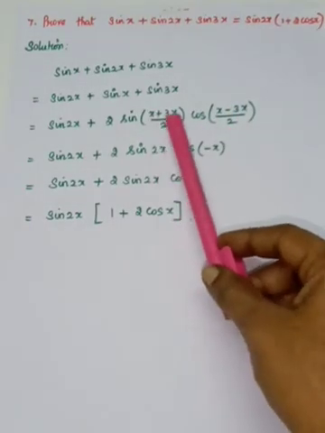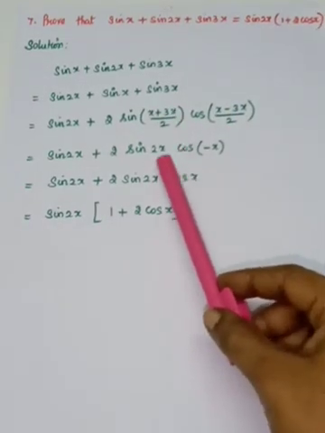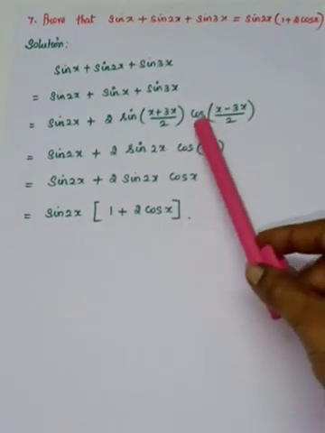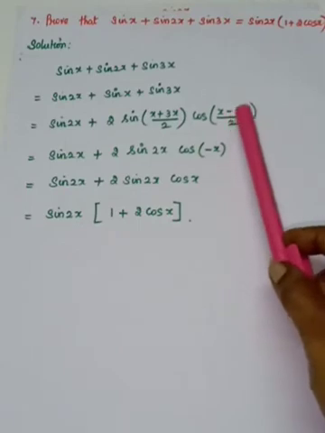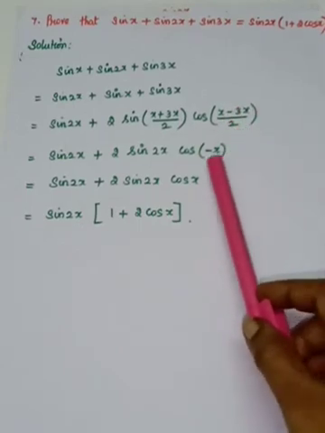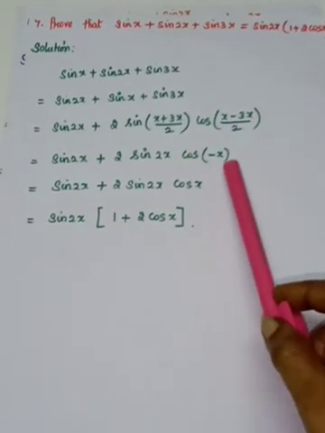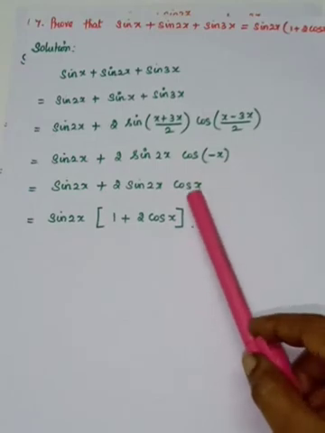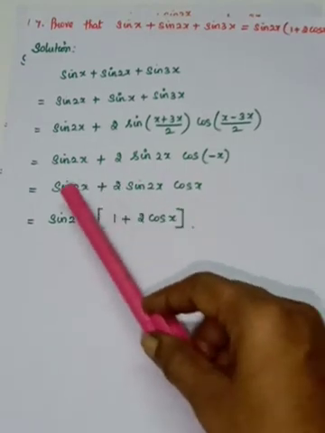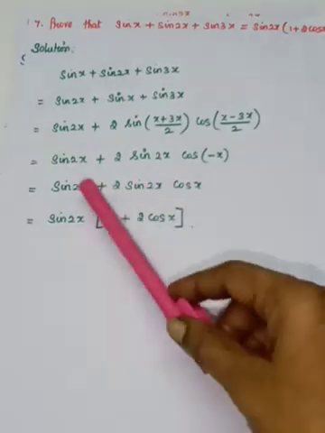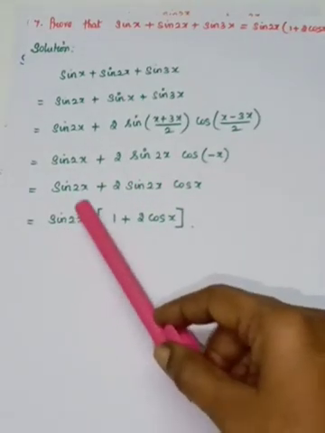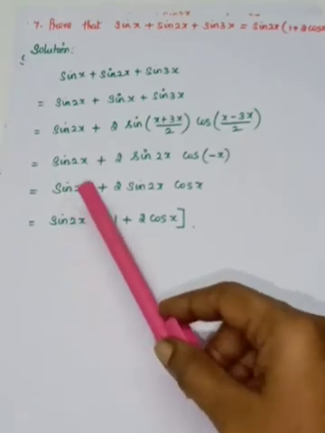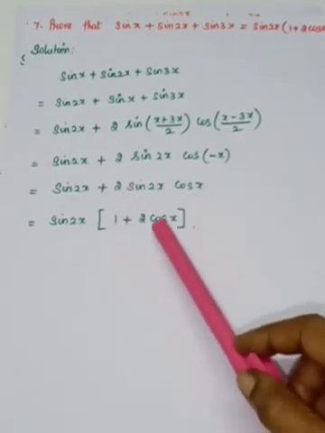So x plus 3x is 4x, 4x by 2 is 2x, and cos of x minus 3x is minus 2x. Minus 2x by 2 is minus x. What is cos of minus theta? It is cos theta. So here there is no change. So from these two terms what is common? Sin 2x is common. If it is taken out, the remaining for the first term is 1. And here you will have 2 cos x.